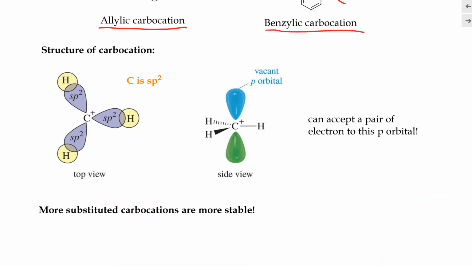And then for the structure of all types of carbocation, all carbocations have the carbon with sp2 hybridization. So basically this tells us that there is an empty p orbital in here, and this is where the cation is actually located.